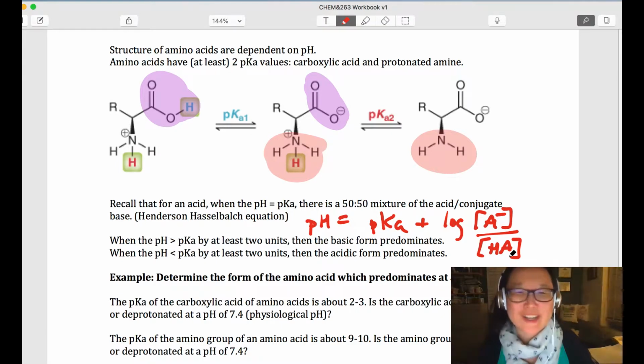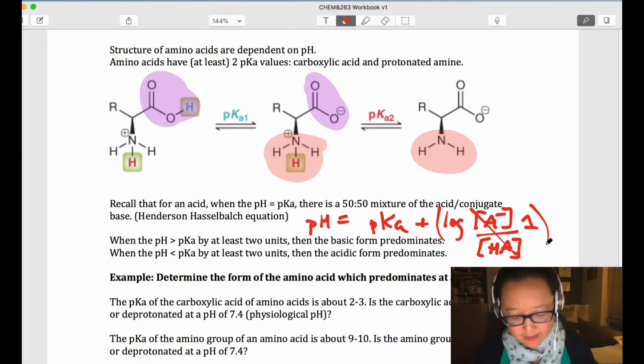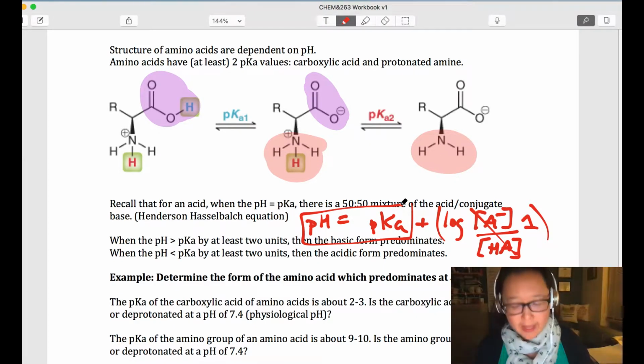Now, don't worry, we're not going to use this for calculations, but we are going to use it in a qualitative way. And to do that, remember, there's a very significant thing that happens when these are equal right here. When these are equal, this equals 1, and the log of 1 is 0. And so pH and pKa equal each other when I have a 1-to-1 ratio of a conjugate acid with its conjugate base.